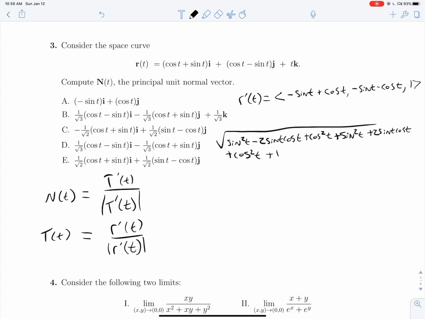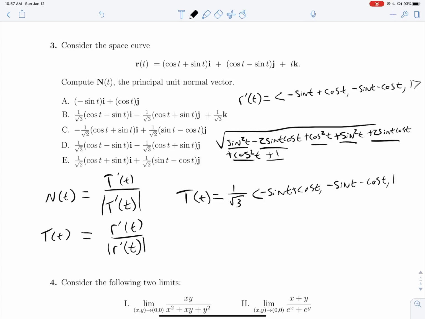Okay, and this looks like it's going to work out to root 3, because this guy's going to cancel with this guy, then we're left with 1 pair of sine and cosine, 2 pairs of sine and cosine, and a 1. So that's root 3. And so our unit tangent vector of t is going to be 1 over root 3 times negative sine t plus cosine t, negative sine t minus cosine t, 1.